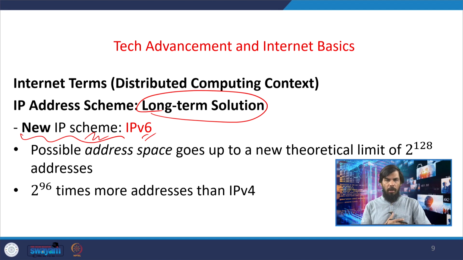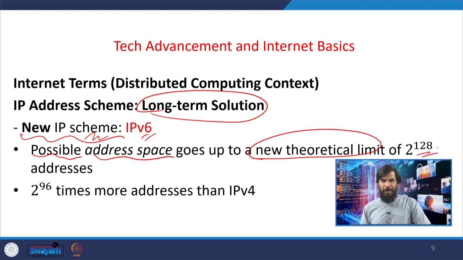It increases the number of possible addresses way higher than what is there in IPv4. The possible address space goes up to a new theoretical limit, that is 2 to the power 128. Now, the IPv4 limit is 2 to the power 32. So, this is a very high increase in the number of addresses that are possible.